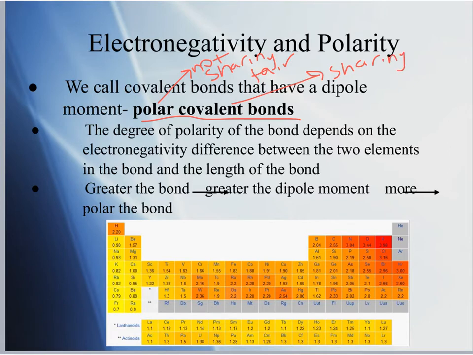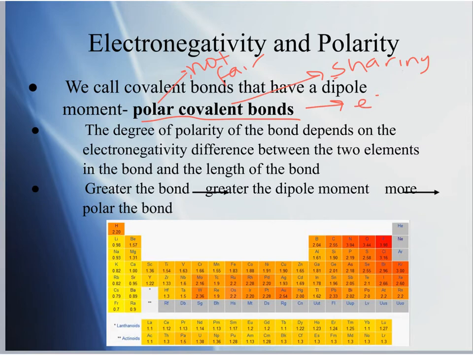Another way to think about it is the polar part just means not fair, and the covalent means sharing. So not fair sharing, right? And when we're talking about bonds, we're talking about electrons. So electrons that are being shared non-fairly.